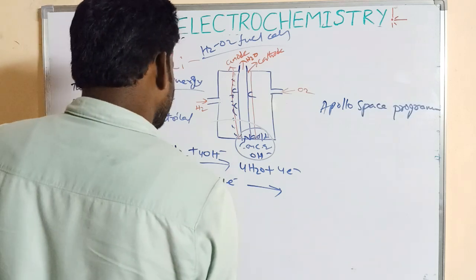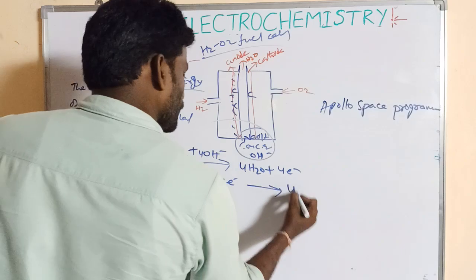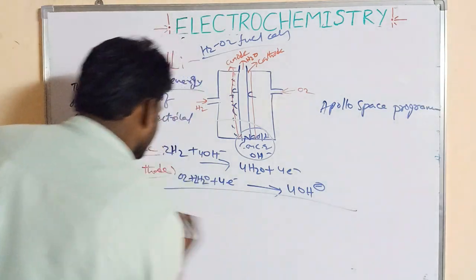So totally this gives 2H2O and 4OH minus. So that is the net reaction.